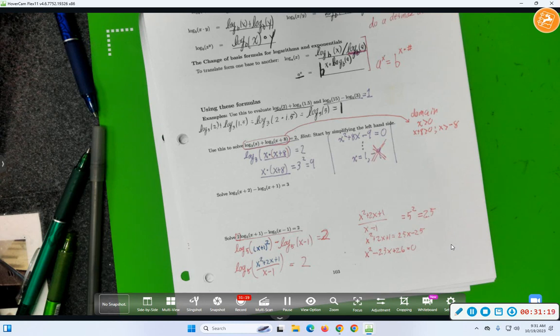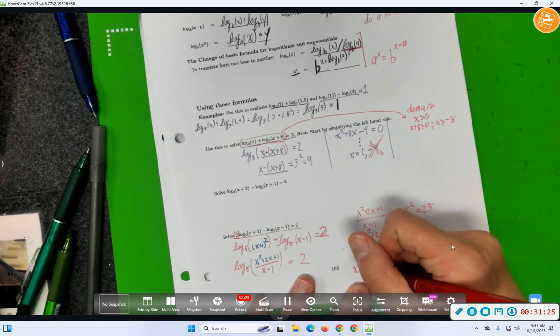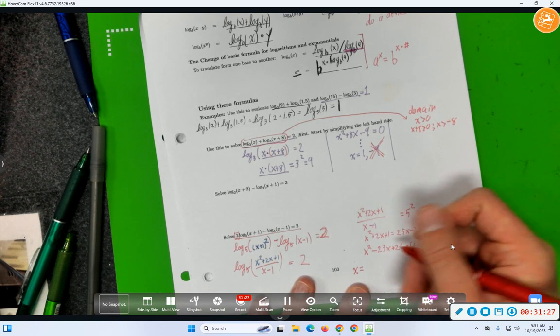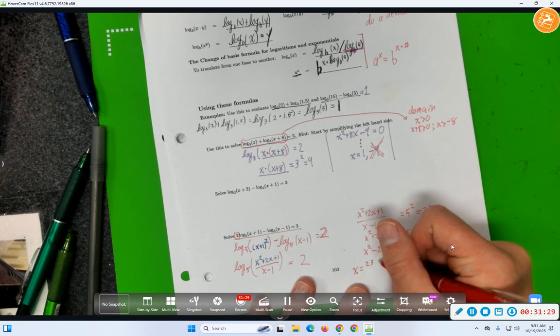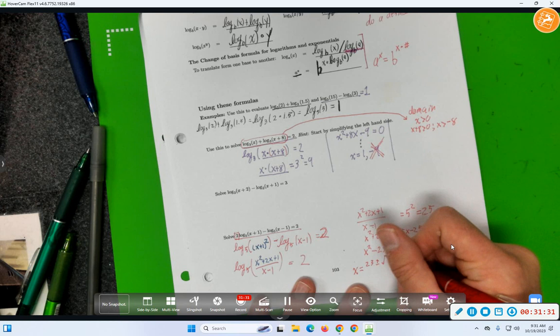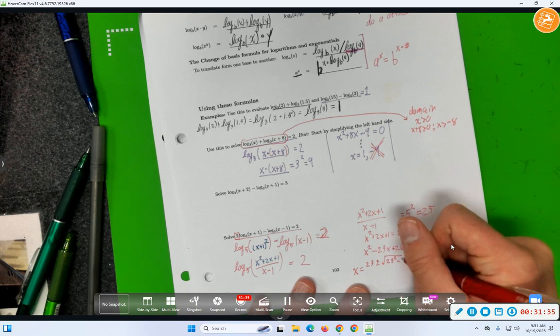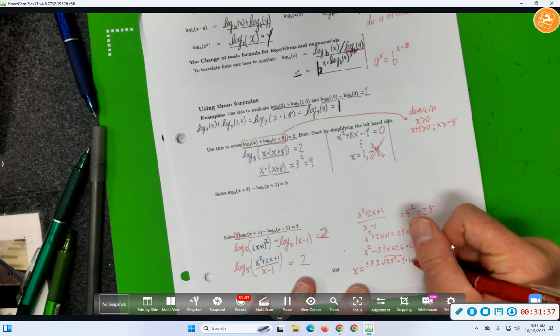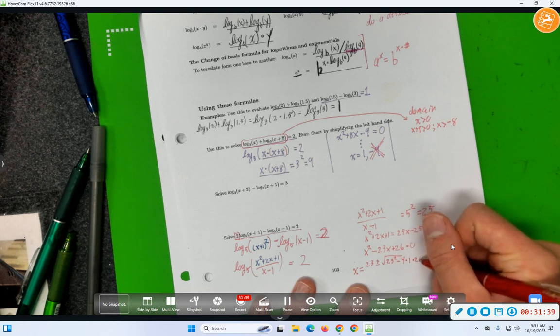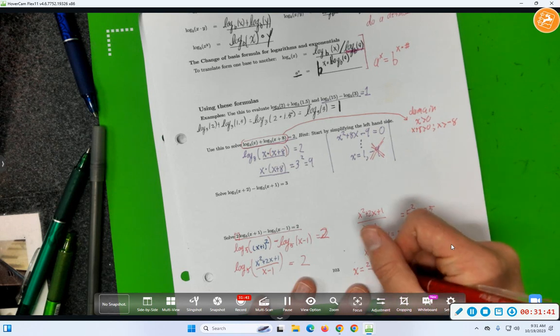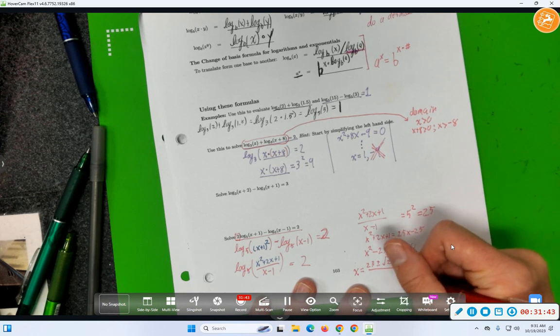I don't think this thing factors. So the quadratic formula says that x equals negative b plus or minus the square root of b squared minus 4 times a times 26, all over 2.